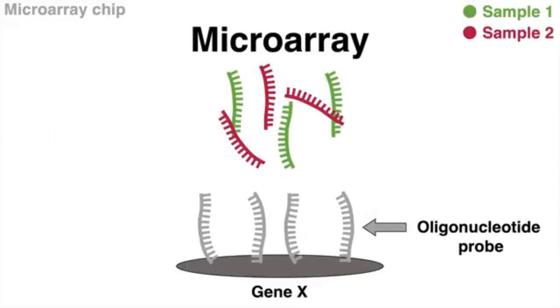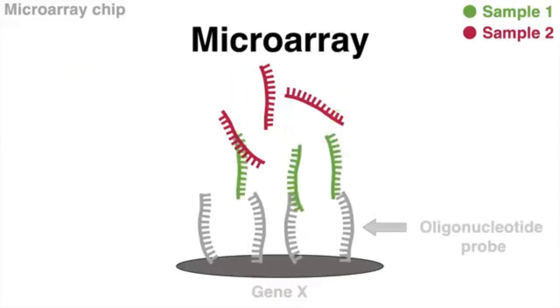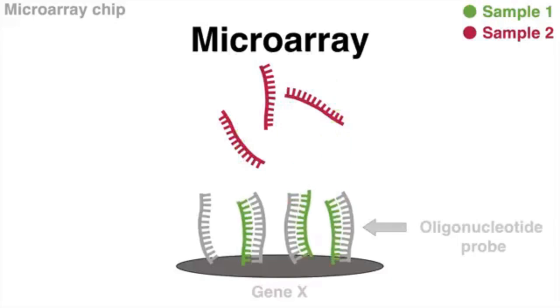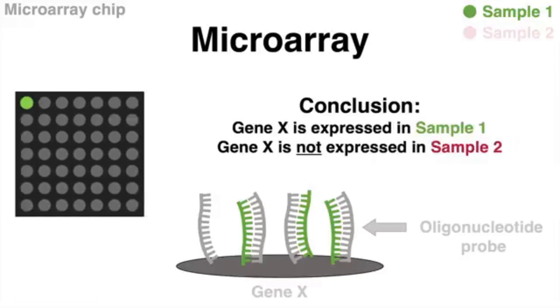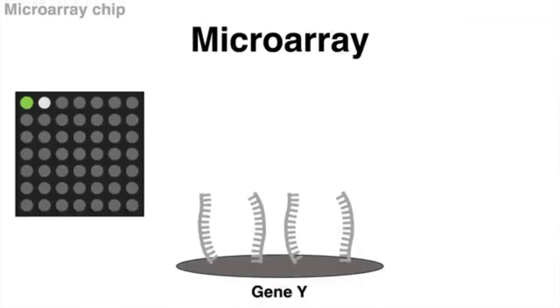In this example, molecules from sample 1 hybridize with the probes of that spot. Sample 2, however, does not contain complementary cDNA molecules and is washed away. The spot we are looking at appears green after laser scanning, which tells us that gene X is expressed in sample 1 but not in sample 2.